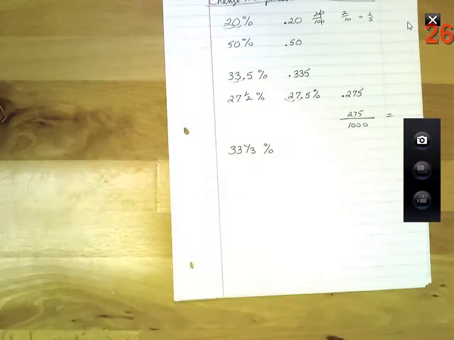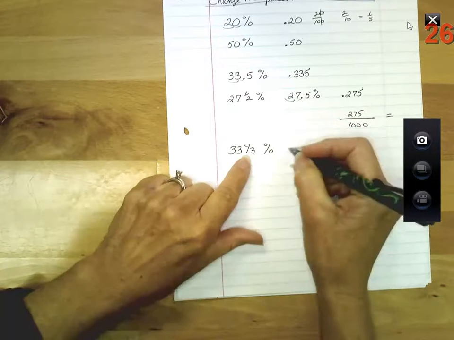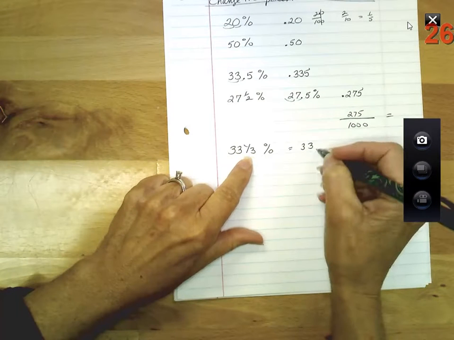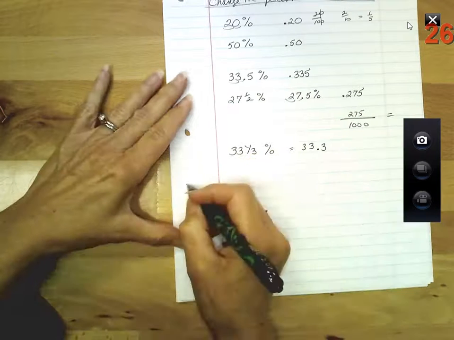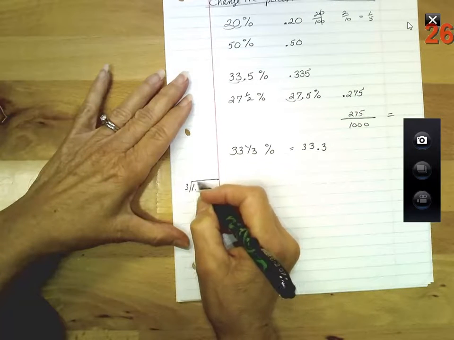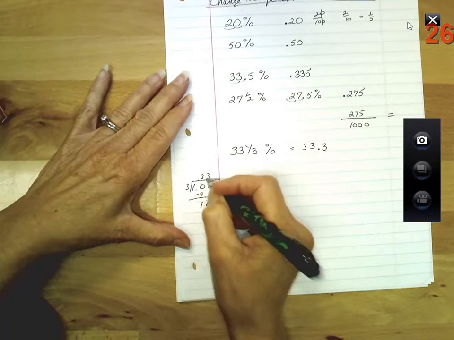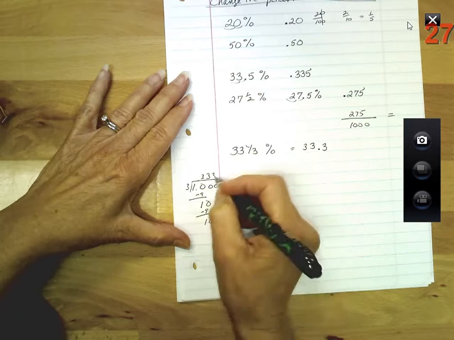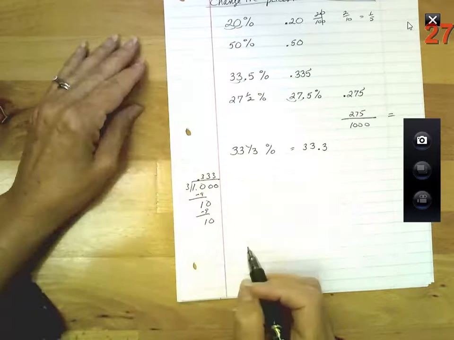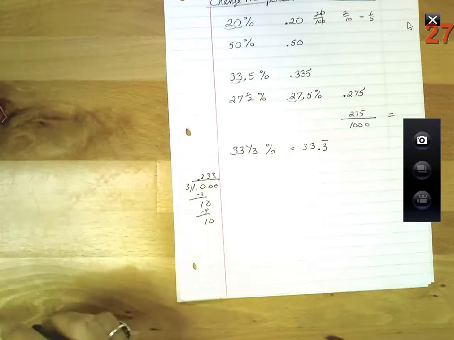I've got 33 1/3%. We said first, put that as a decimal. Now what happens is 3 will go into 1, see what's happening? It's going to be repeating, so you can put a bar over what repeats.